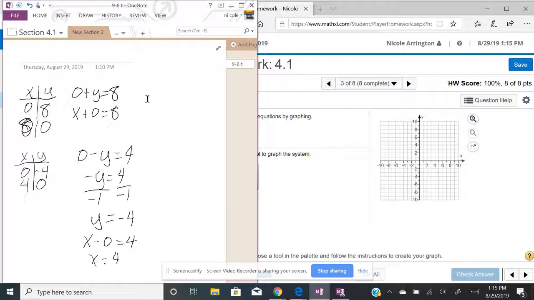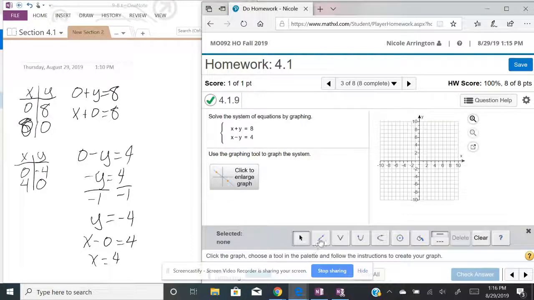So now that allows me to go ahead and graph. I'll grab my line tool, and I'll plot the points 0, 8 and 8, 0. I will click the line tool a second time so you can start a second line. I'm going to go 0, negative 4, and then 4, 0.